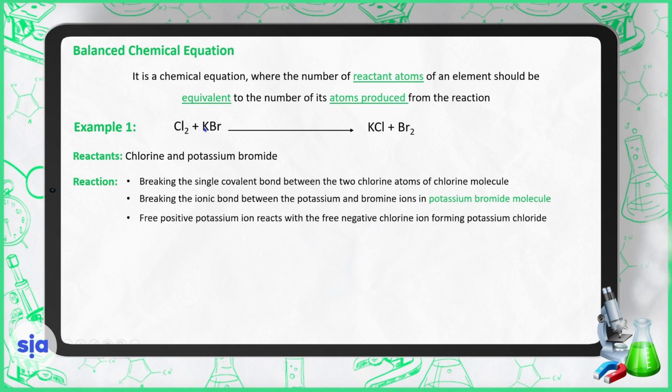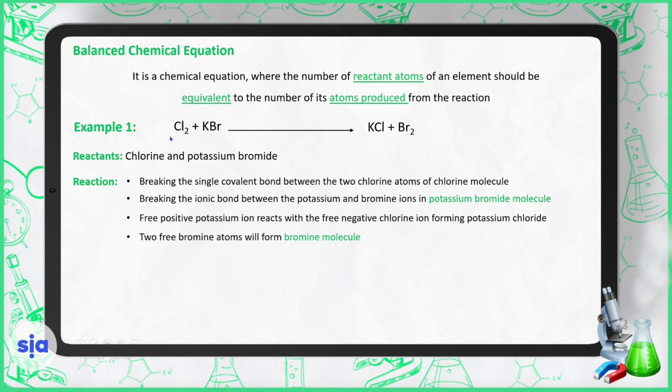Free potassium will then react with the free negative chlorine ion, forming potassium chloride. And the two free bromine atoms will form a bromine molecule.